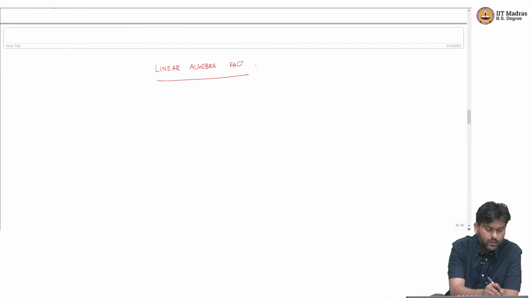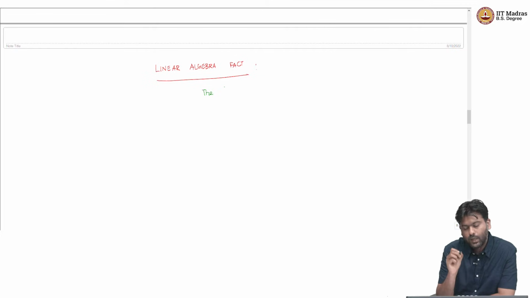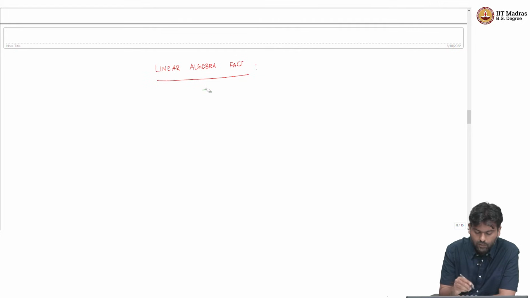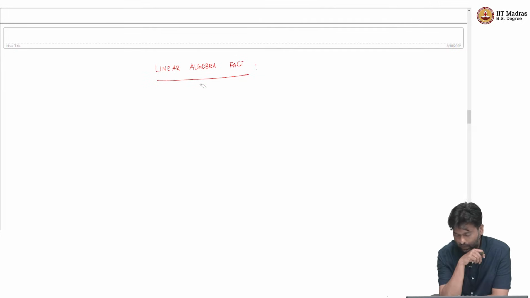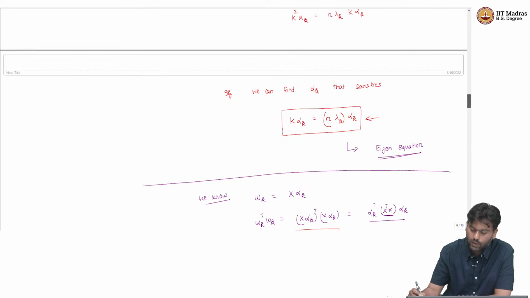And we will see why this fact is useful. Before I state this fact, let me say why we need it. Essentially, we wanted the eigenvectors of X X transpose, but now we are saying we can solve the eigenequation of K, where K is just X transpose X.